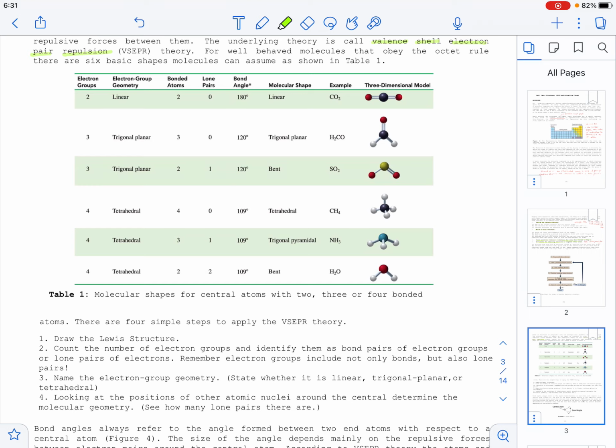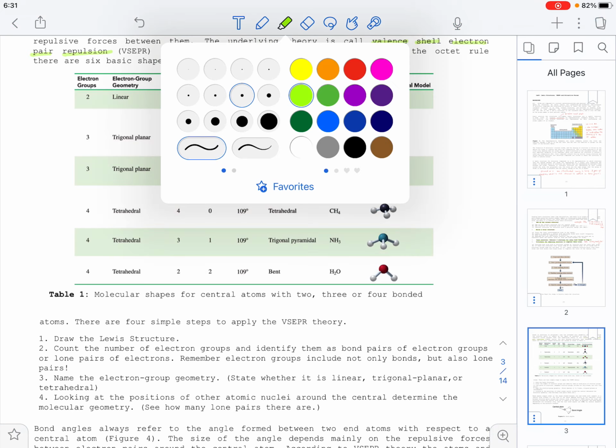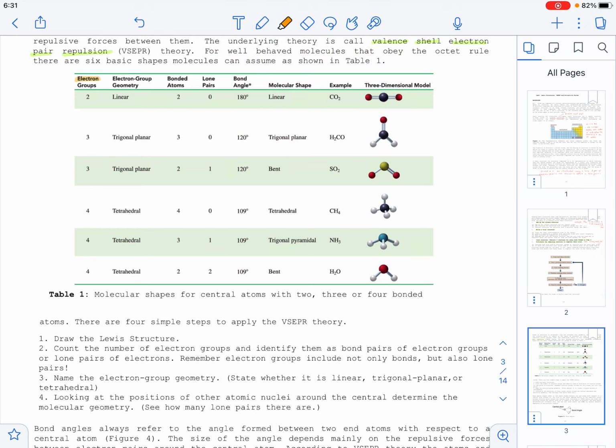So understand that when you are going over VSEPR rules, it is important that you know what an electron group is. Electron groups come in 4 flavors.